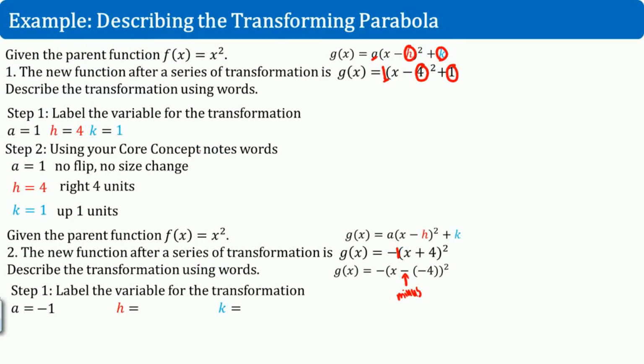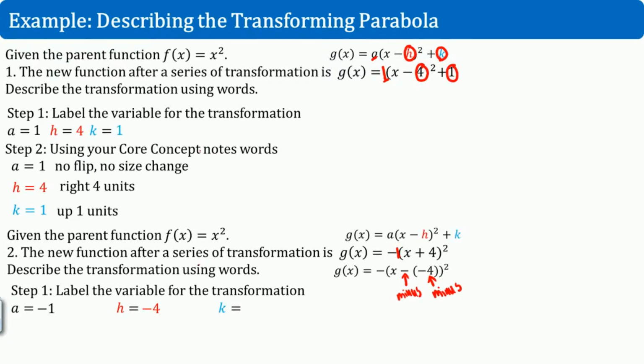For there to be a minus in front, that h value has to be negative, because a negative and a negative will multiply to make a positive. That's why the h variable here is negative 4.